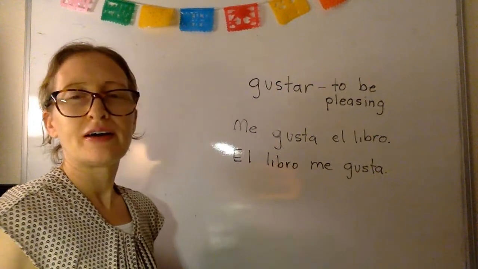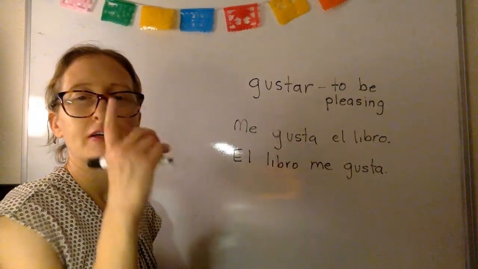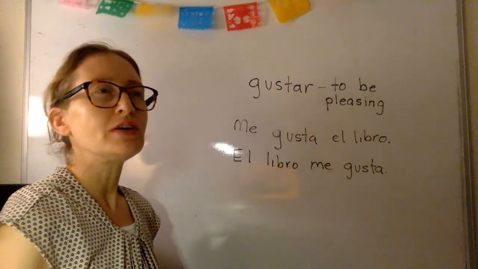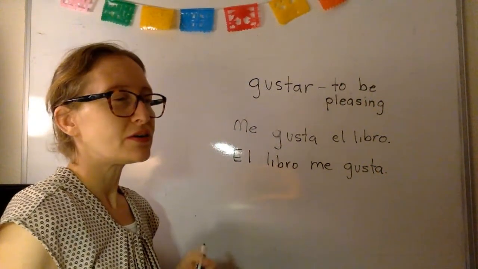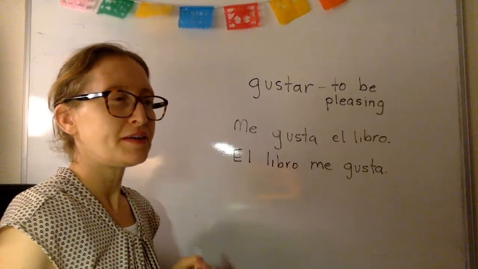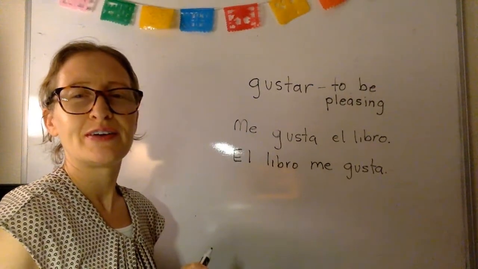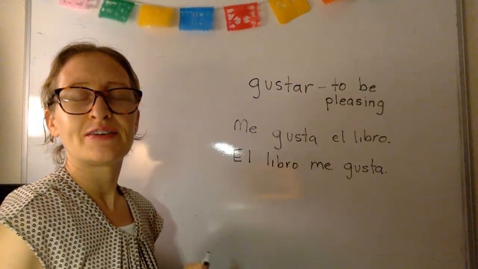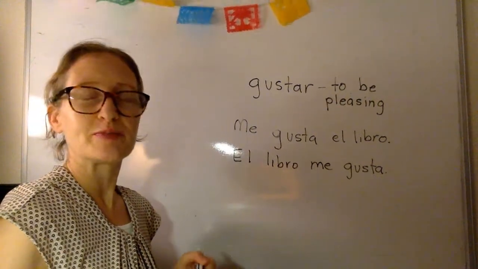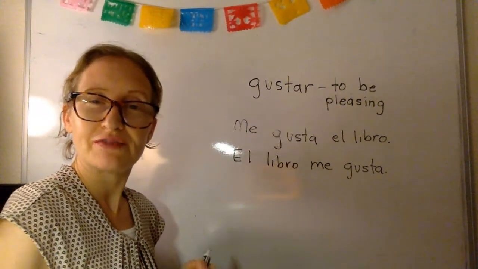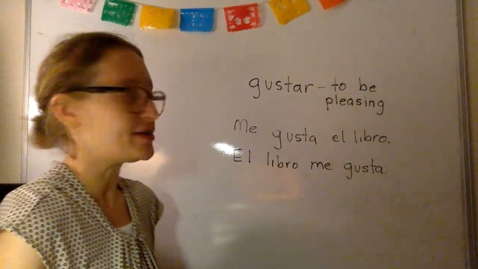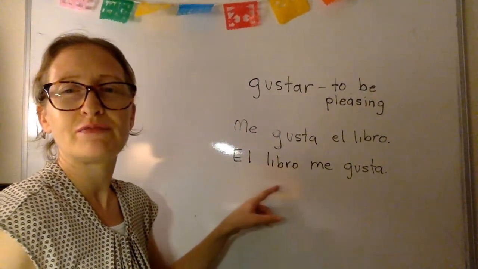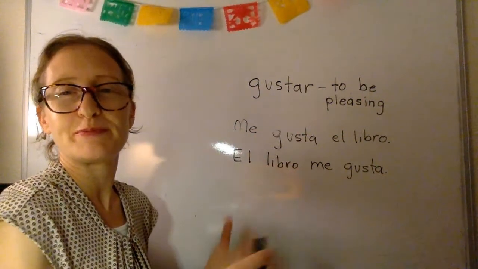So if someone asks you, is the book or the TV show pleasing to you? They're not sure, and you say, the book is pleasing to me, and they're like, did you say the TV show? And you say, no, it's the book. The book is what's pleasing to me.